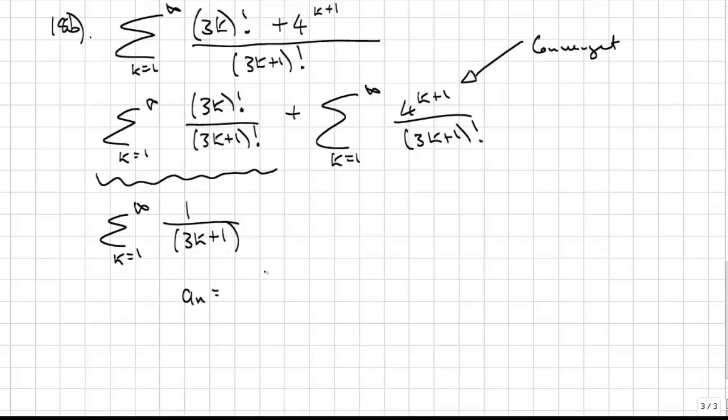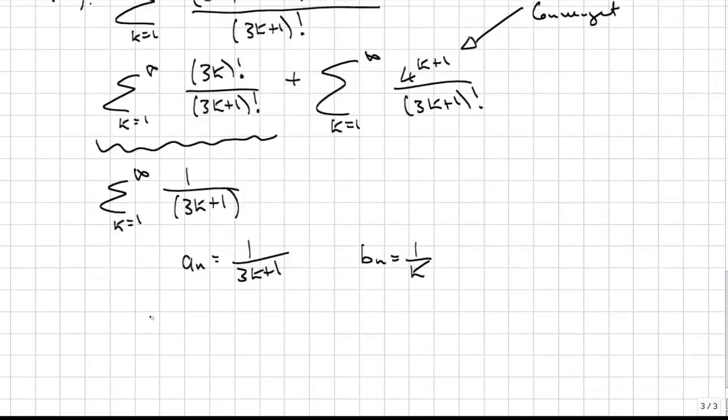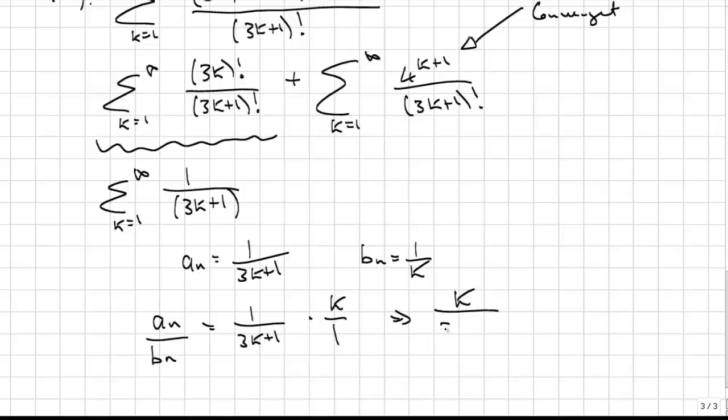So if I let an equal 1 over 3k plus 1, and I let bn equal 1 over k, which we know to be divergent, then we will simply now have a look at what happens when we do an divided by bn. Well, if we do that, we'll get 1 over 3k plus 1 times k over 1, which gives us k over 3k plus 1.